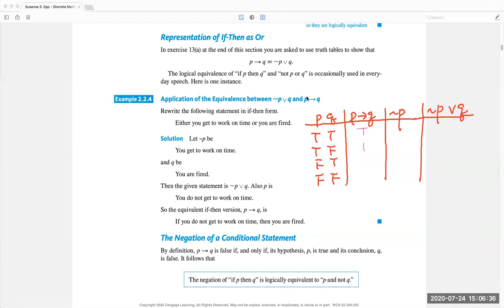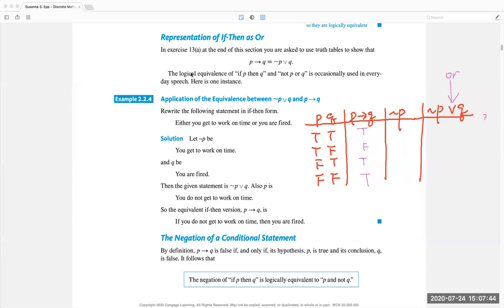Now you can write on the screen, okay? Okay, I think it's not too difficult to show that these two are logically equivalent, but it may be difficult to remember actually.